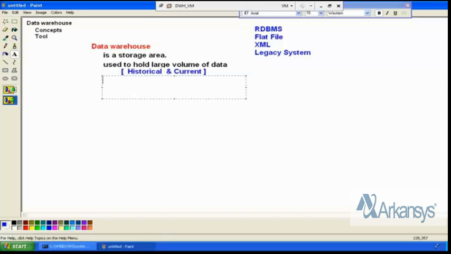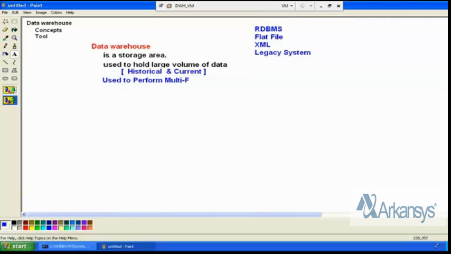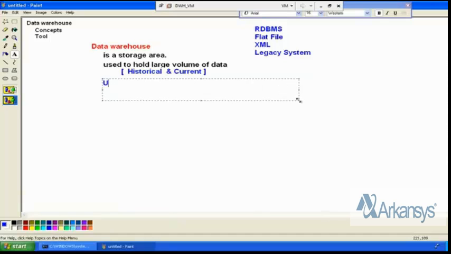With this data, what will you do? Use it to perform multi-dimensional analysis.